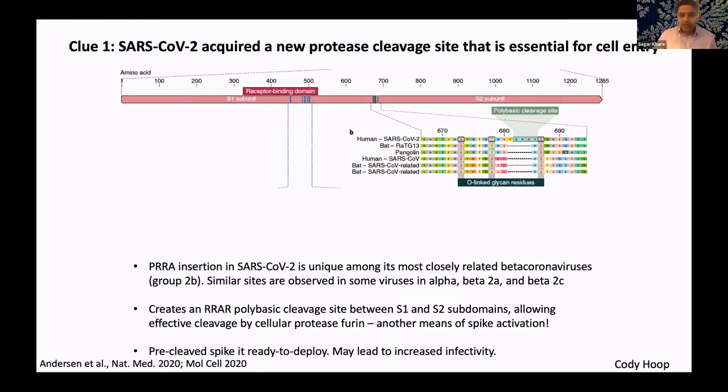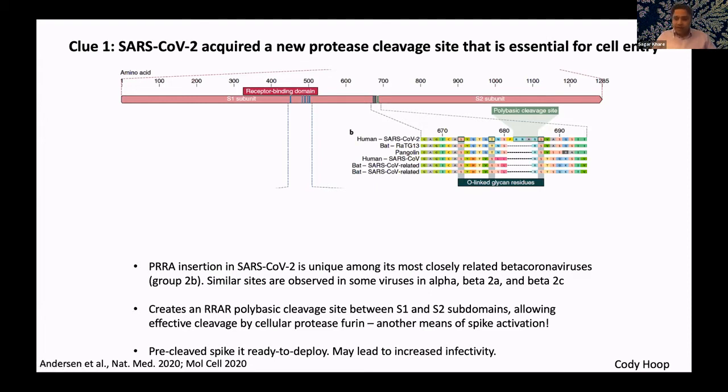I think you saw this slide earlier as well in Steen's talk. One of the key differences that SARS-CoV-2 has compared to SARS-CoV, as you can see here, is the existence of this polybasic cleavage site. This is the site that furin recognizes. These types of sites are not found among all its closely related viruses in group 2b, but they are observed in some of its relatives.